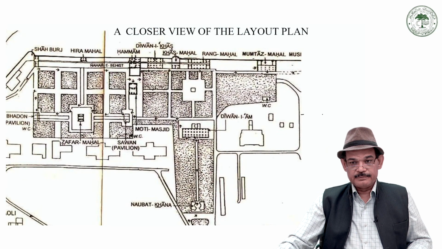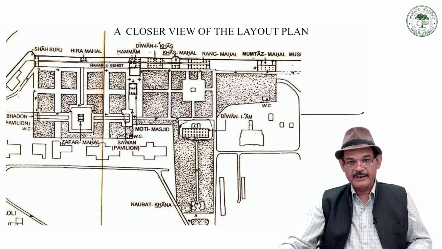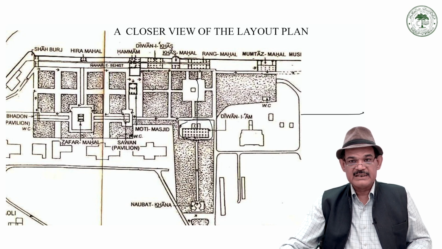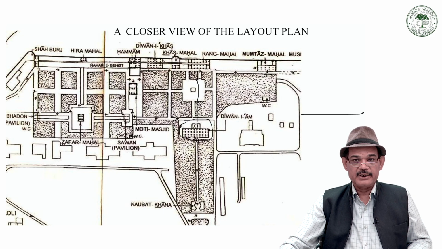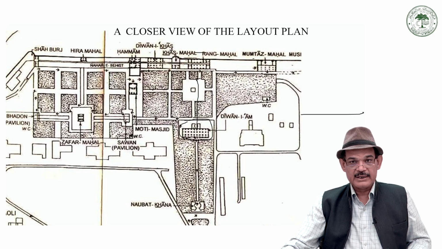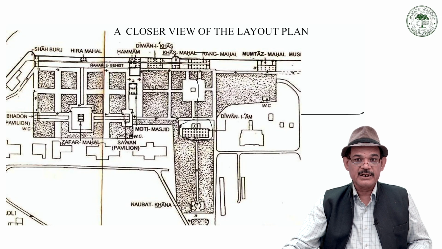After this Diwan-e-Aam, we enter into a compound of a number of palaces. The palaces exist on the eastern side, and since they are attached to the eastern periphery, they look as if overhanging the river Yamuna.